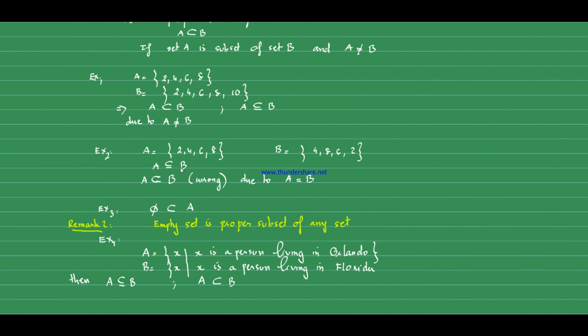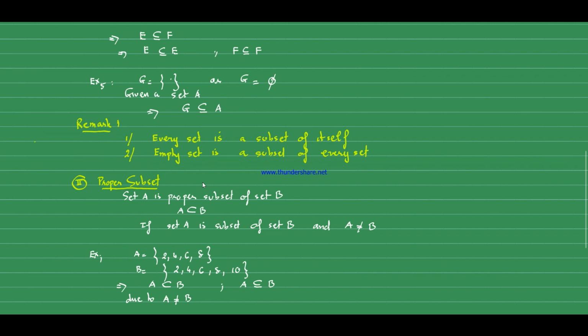Good. All right. Now you see that in the remark over here, I say that every set is a subset of itself, and the empty set is also a subset of any set.